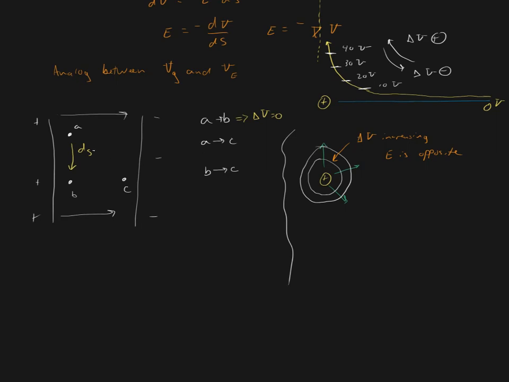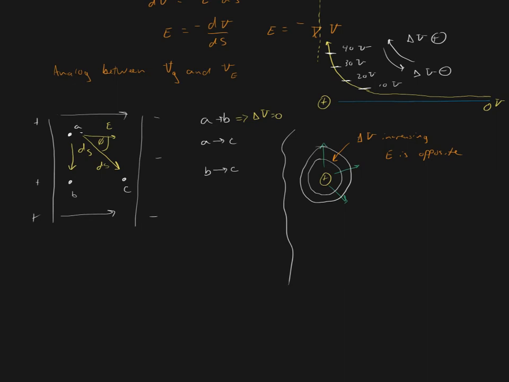If we look at it as we go from A to C, we're going to be moving in this direction. Here's our path element ds, and this is the direction of E, and so the angle phi is going to be this. Remember that angle phi is always the angle between two vectors when placed tail to tail, and that the magnitude of the dot product is determined by using the cosine of phi.